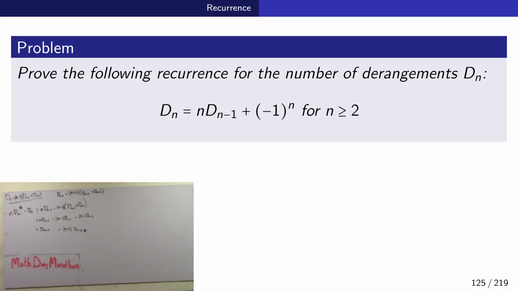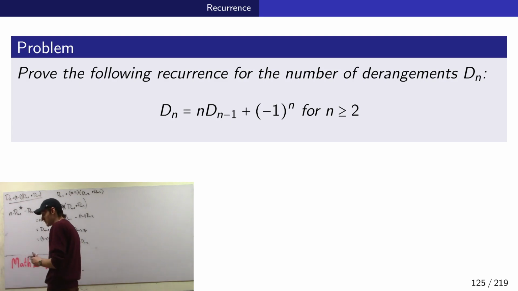Okay, so using that, I can replace my d sub n minus 1 with this piece right here. So I'm going to write this as n minus 2 times d sub n minus 2 plus d sub n minus 3 minus n minus 1 times d sub n minus 2.